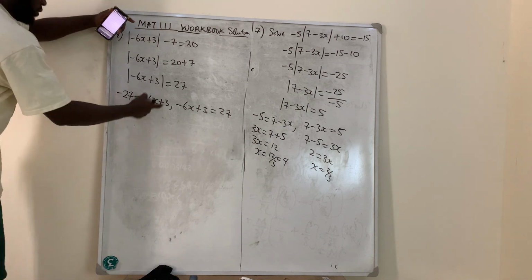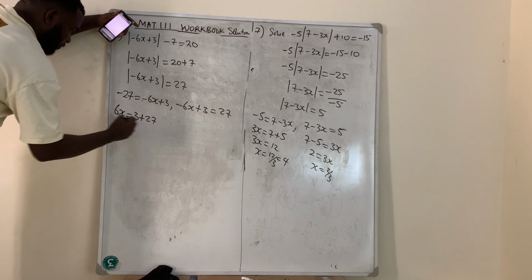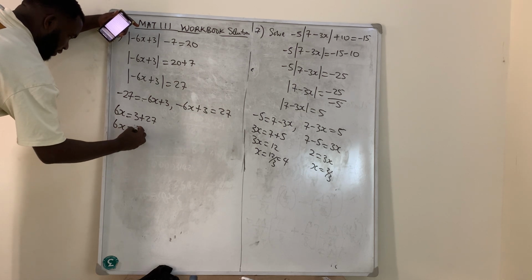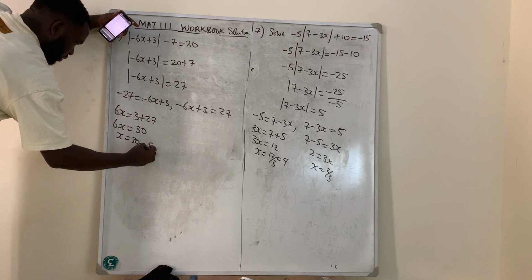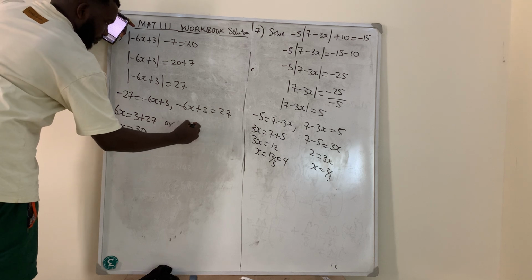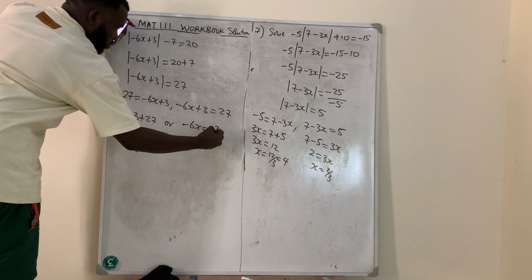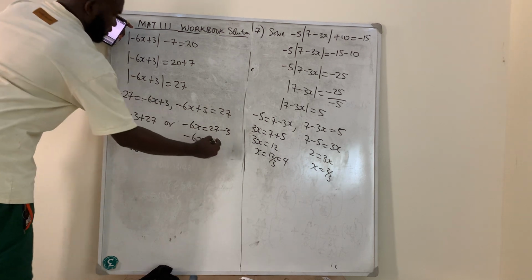So if you collect like terms, you are going to have that 6x is equal to 3 plus 27. So 6x is equal to 30. So x will now be 30 divided by 6, which is 5. So let's do the same thing here. Or we have that minus 6x is equal to 27 minus 3. So minus 6x is equal to 24.